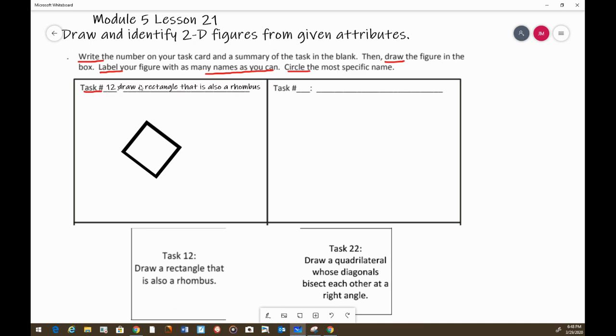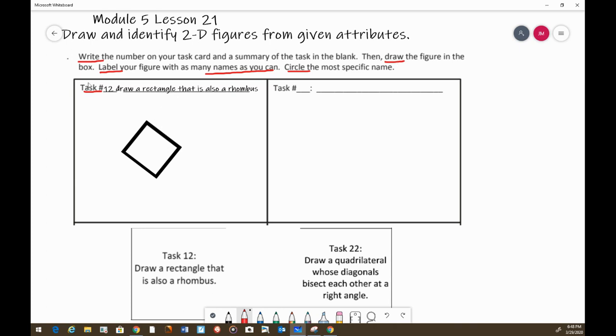Now it says a rectangle, but remember that a rectangle that is a square is also named a rectangle. So this square right here qualifies as a rhombus. So this is a rectangle here.